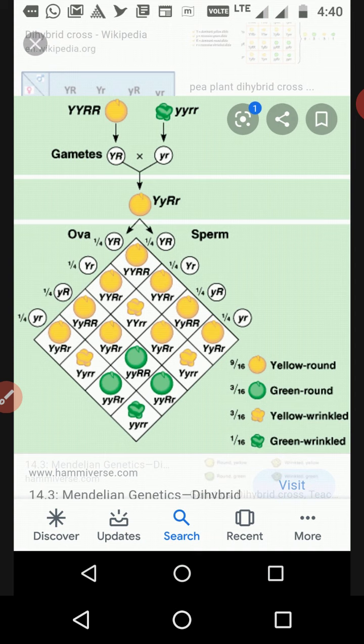I have already explained what pure breed is. Whenever we show pure breed, it always gives the original character. They are called pure breed. Clear? And whenever we show the hybrid, it never gives only one character. Always they give the mixed character.